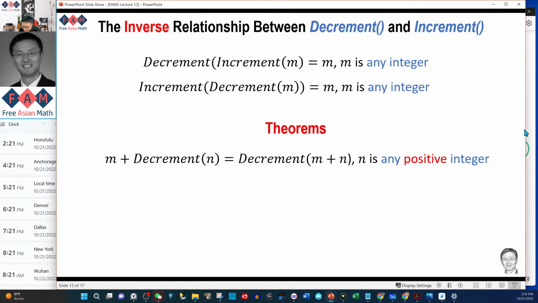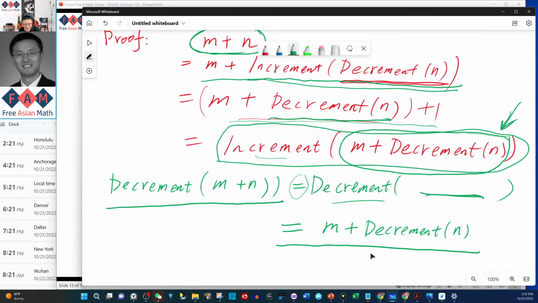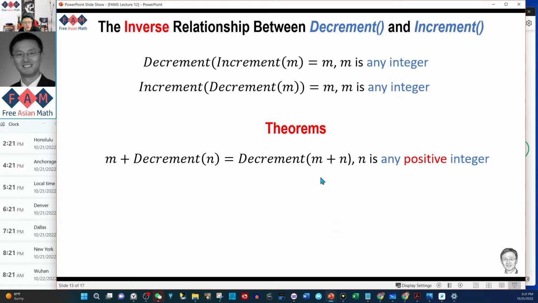On the right-hand side, in our result, is m plus decrement n equals the left-hand side, which is decrement of n plus n. And that is exactly what we want to prove in the right-hand side. Magic? Yes? No. This is what a proof is about.